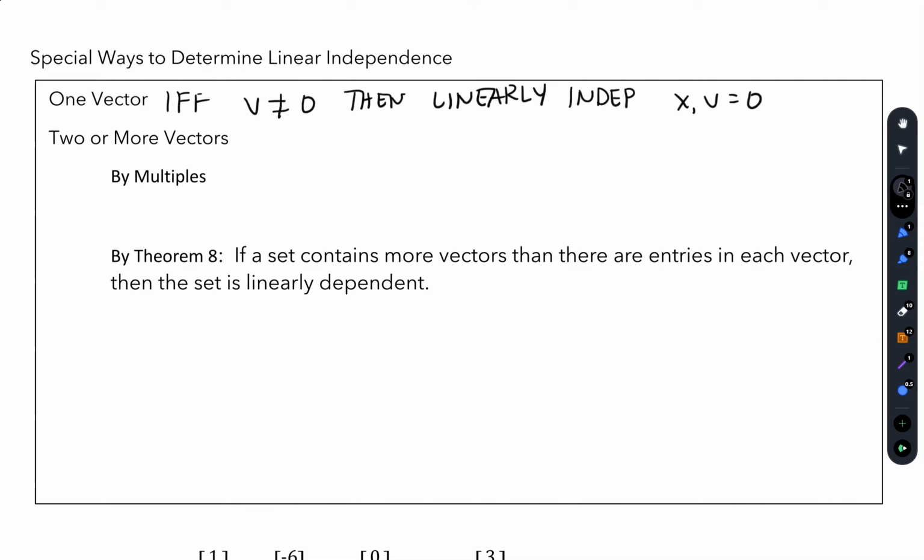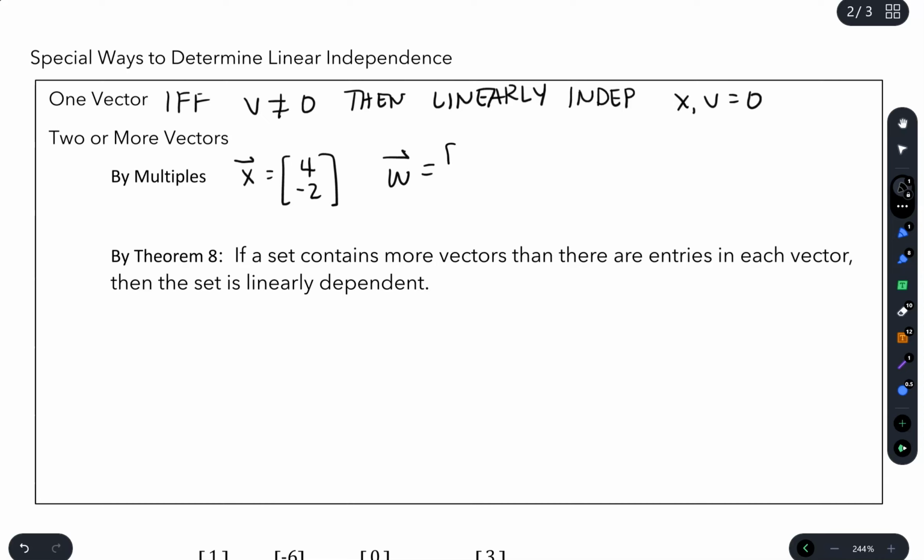So if we've got one vector x, what did I think we said, 4, negative 2, and we have vector w to be 8, negative 4, and we have vector z to be 8, positive 4.